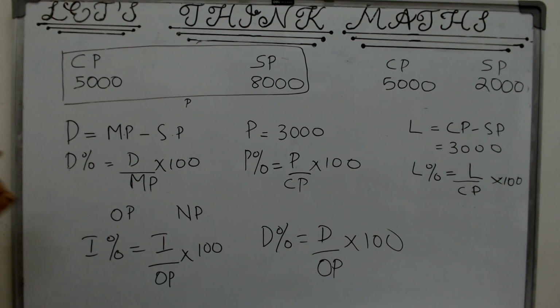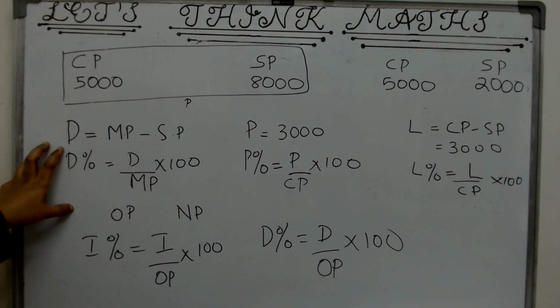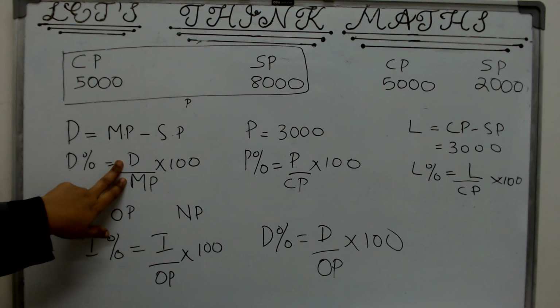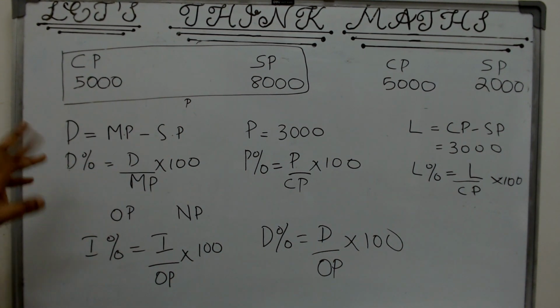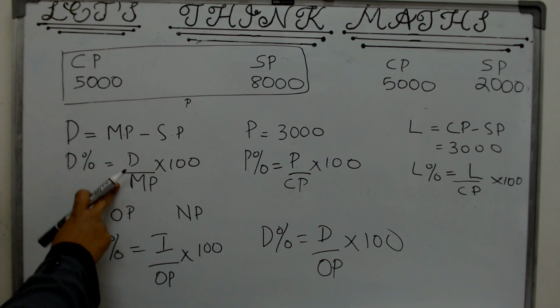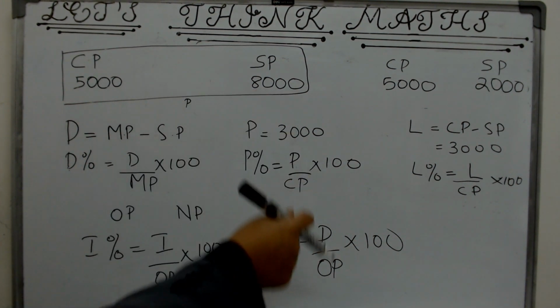And in this you will see a certain kind of question. You see these formulas, all of them have 3 unknowns. So if there are 3 unknowns in a formula, then you should know the values of at least 2 of them. Only then you can substitute and find the third one. But then there is a certain kind of question where you will not know the discount, you will not know the marked price, but instead you will know only the sale price.